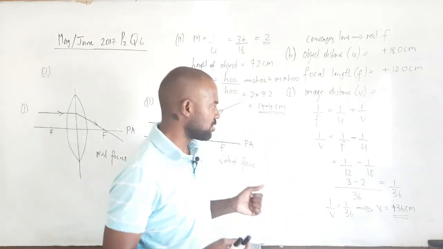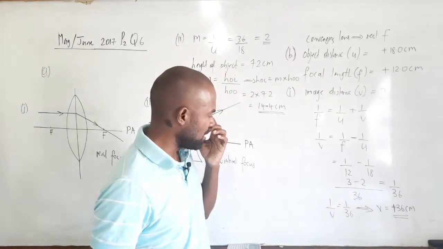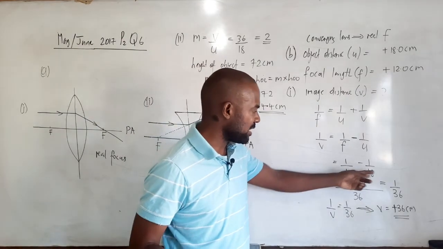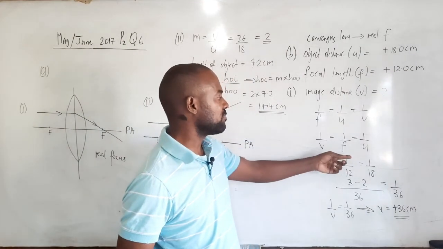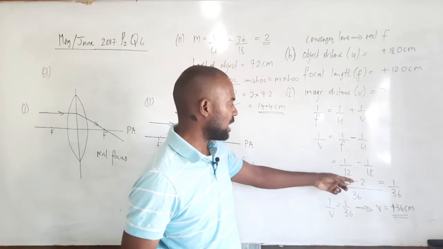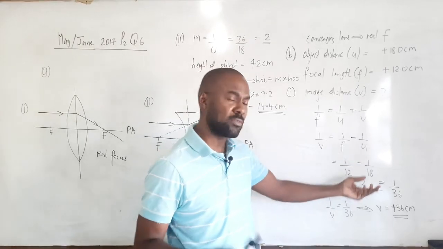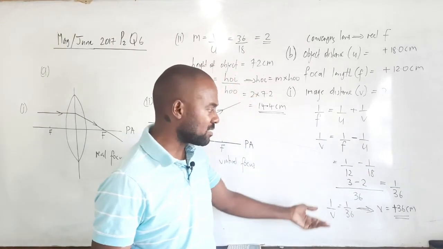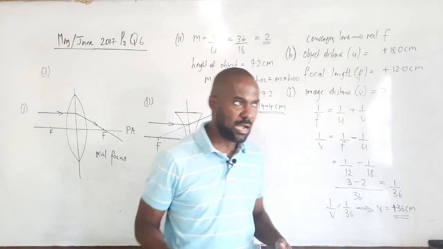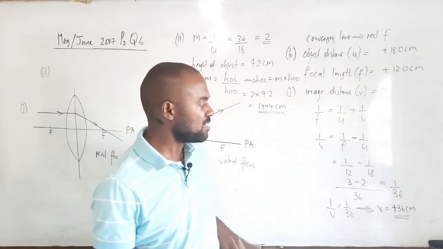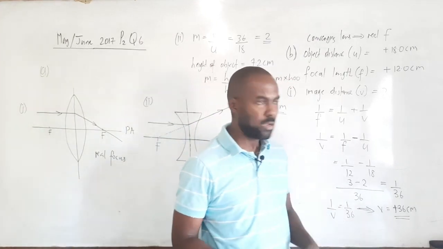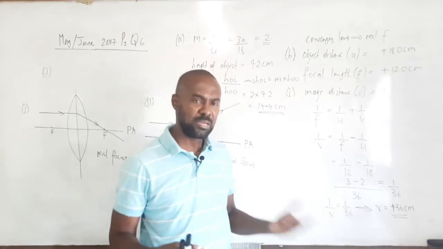So for instance here, if you had made a mistake, and instead of 1 over 12 minus 1 over 18, you made a mistake in substituting the value of f and u, and you got 1 over 18 minus 1 over 12 instead, that would have worked out to be negative, and the result would have been incorrect.